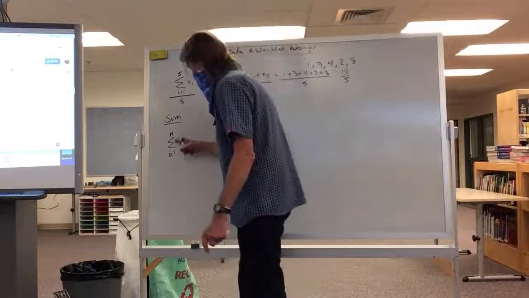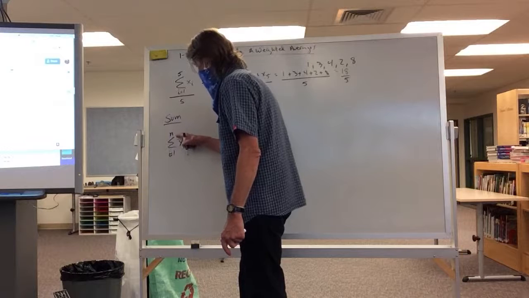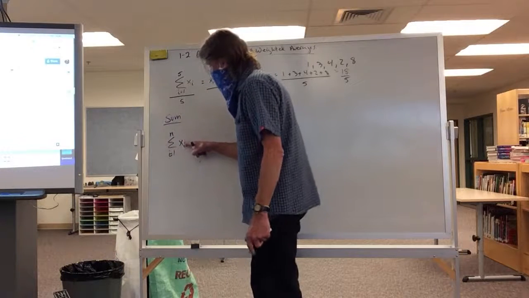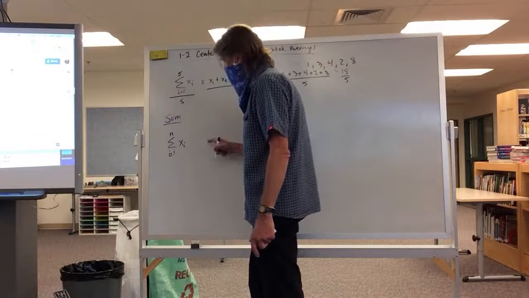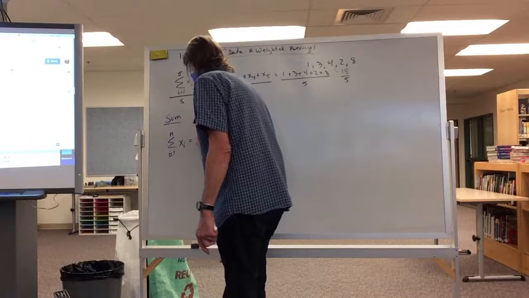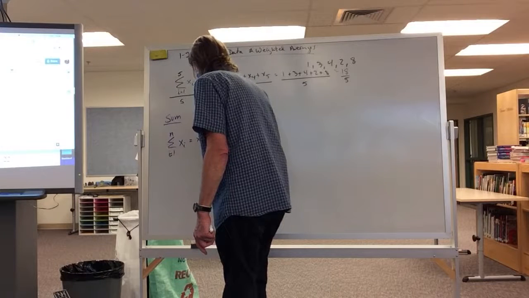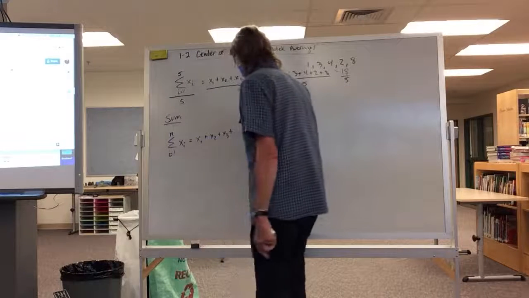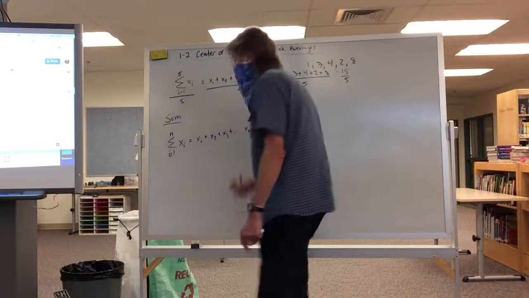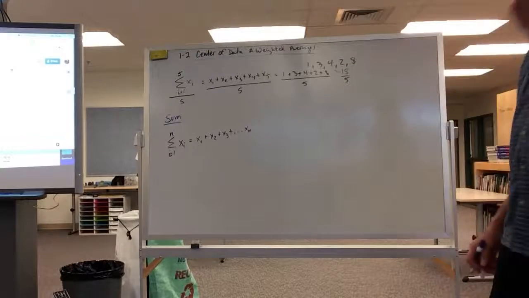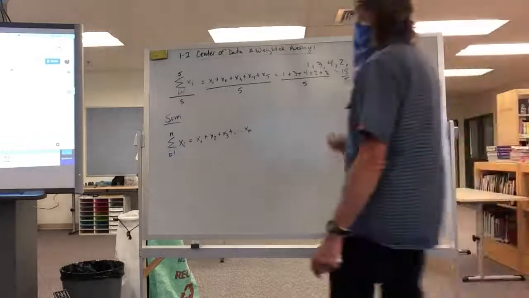This is saying that the sum of all of the terms from the first to the nth with the variables given to each of the terms is equal to x of 1 plus x of 2 plus x of 3, dot, dot, dot, until you get to the nth term, x of n. And that's what we wrote up here.